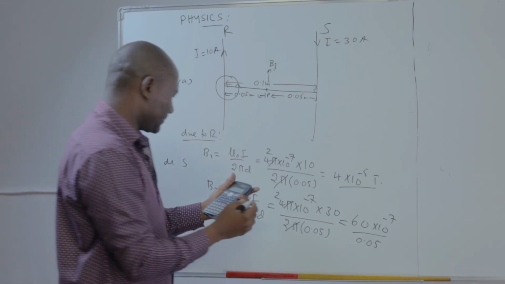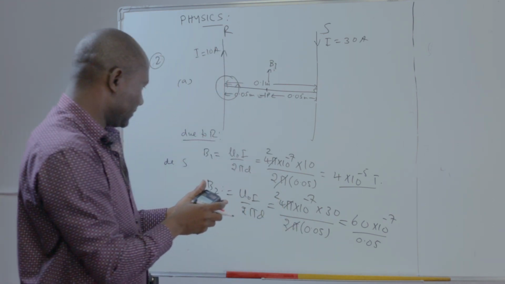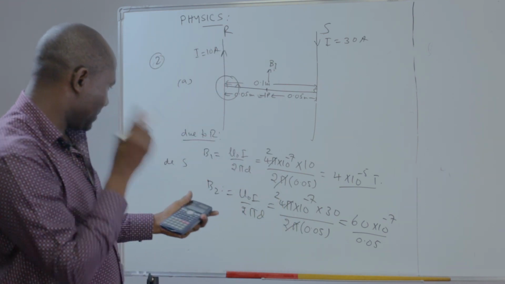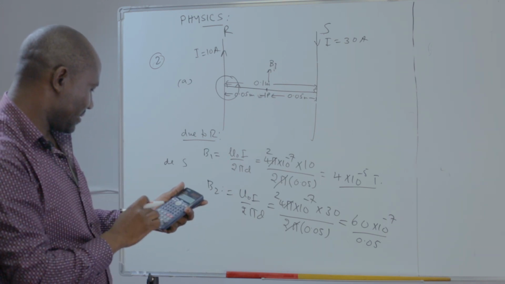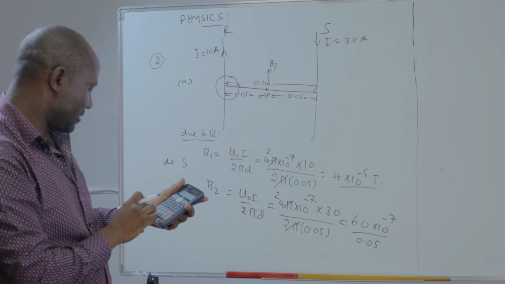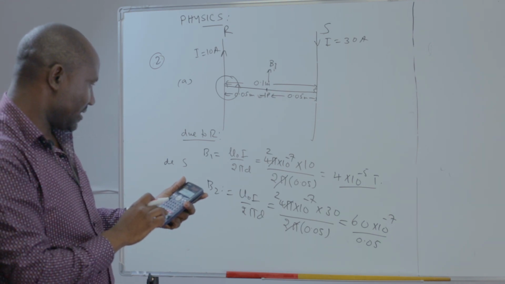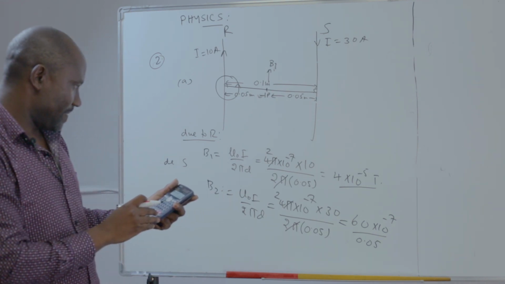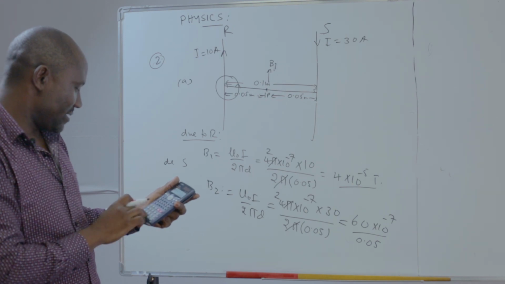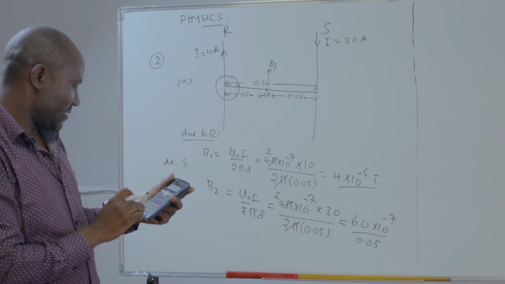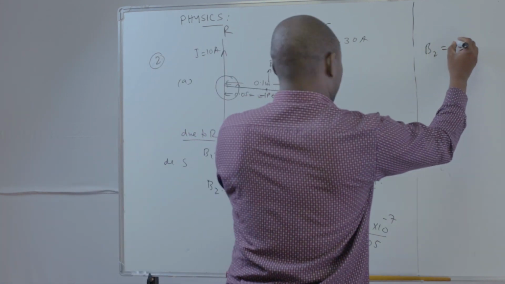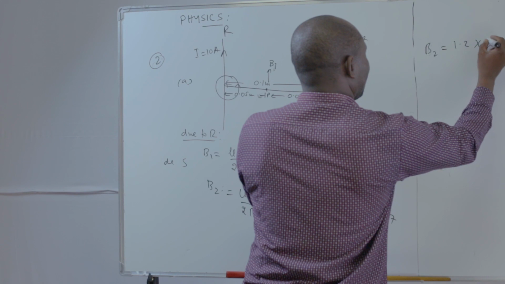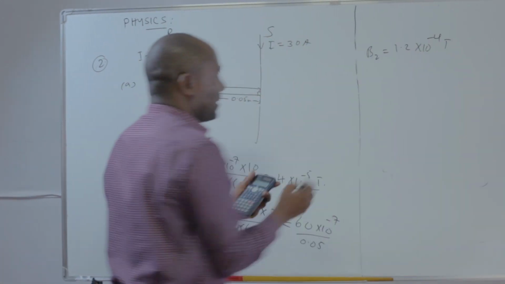Get 1.2. B2 equals 1.2 times 10 negative 4 Tesla.